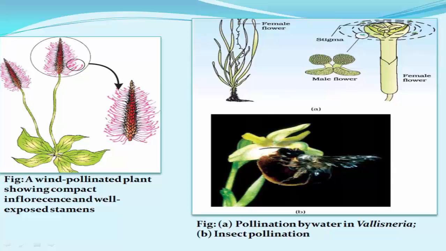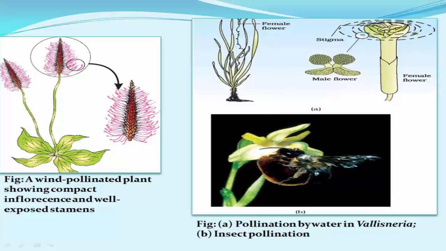What are the characters of water pollinated flowers? The pollen grains are long and ribbon-like. The pollen grains are protected from wetting by a mucilaginous covering. An example is Vallisneria, the same diagram you can see there.